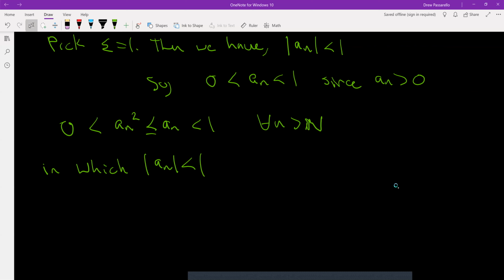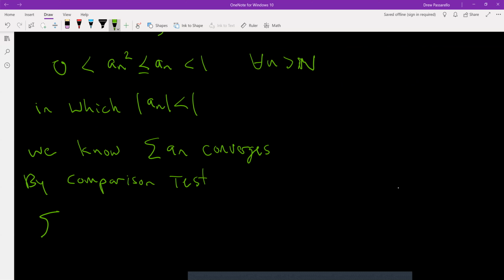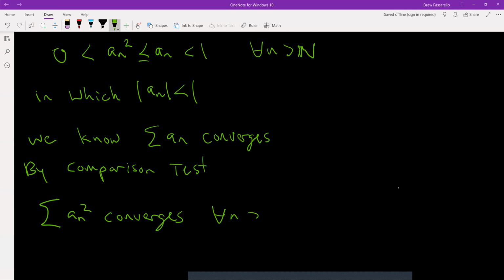Okay, so since that's the case, we know this converges. So by comparison test, the series a_n squared converges for all n bigger than capital N, where N is this cutoff value.